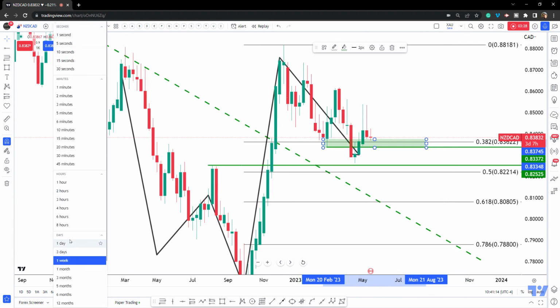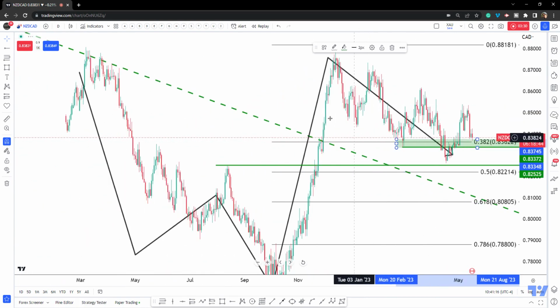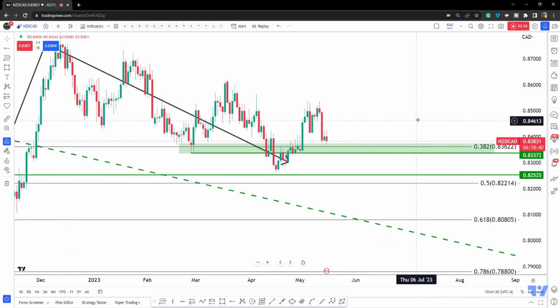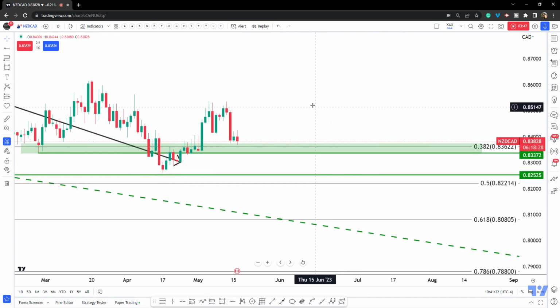Coming into the daily chart, we've highlighted where we feel support might be. Looks to be good. Now I think we're stacking up to move back into the week so far's shorts.